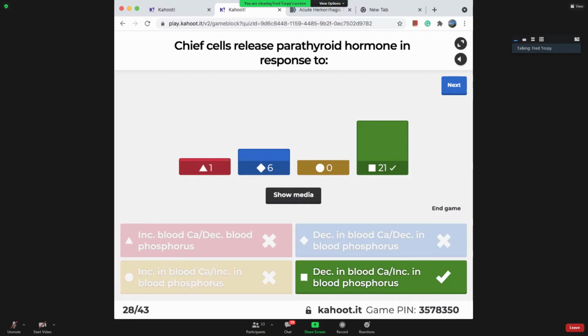So when you have increased phosphorus, your parathyroid gland is like, oh, there's more phosphorus that's going to be binding the calcium. I need to get ahead of that, and I need to increase the release of this because parathyroid hormone is going to be causing more excretion of phosphorus. So it's getting rid of something that's binding calcium.